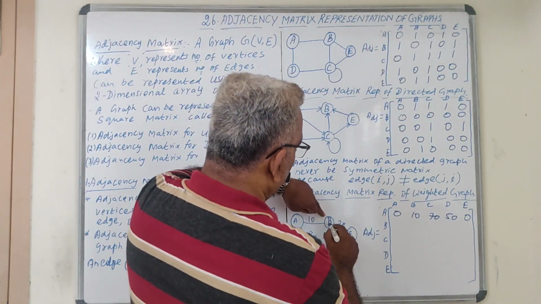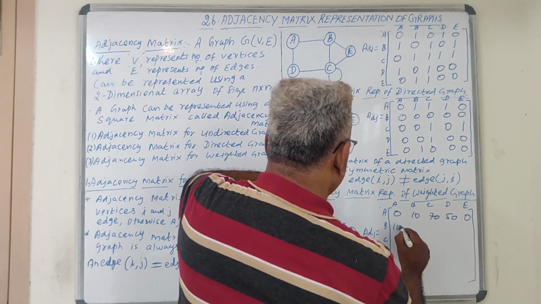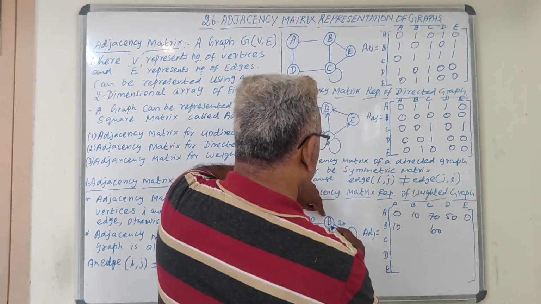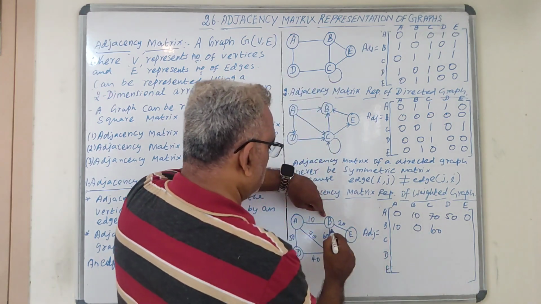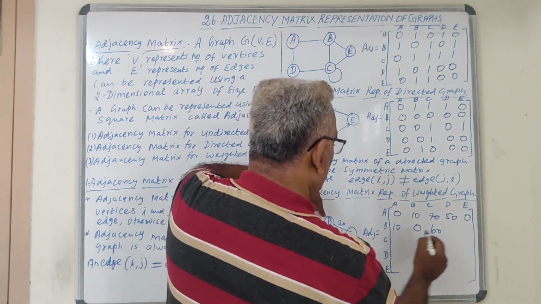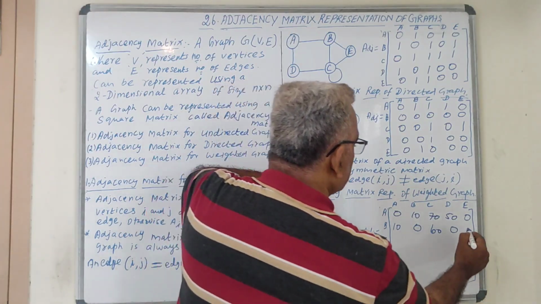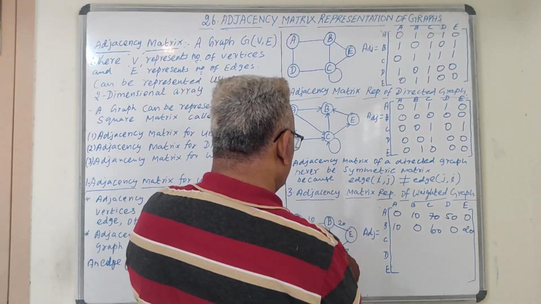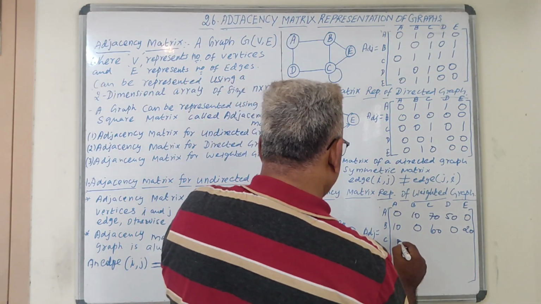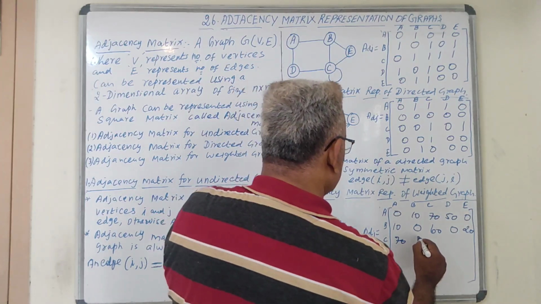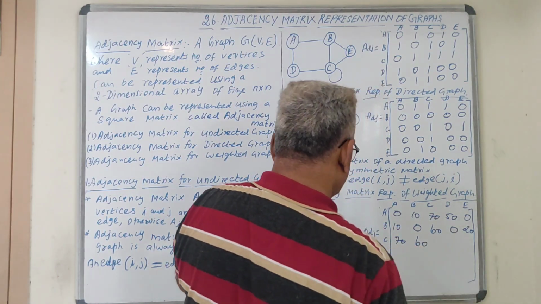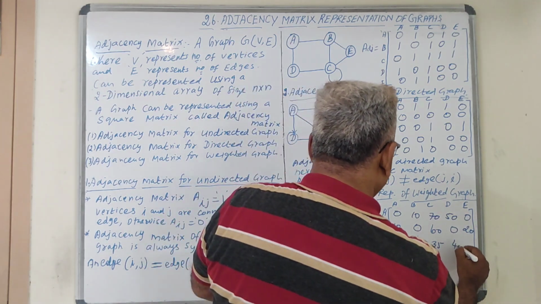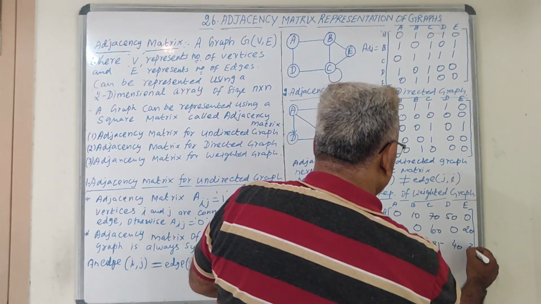Similarly, come to B. B to A is 10, B to C is 60, B to B there is no connection, so 0, B to D there is no direct connection, so 0, and B to E is 20. Similarly, come to C. C to A is 70, C to B is 60, C to C is 35, C to D is 40, and C to E is 30.